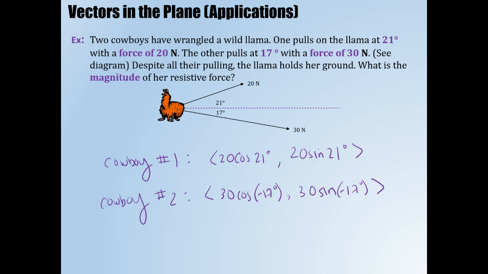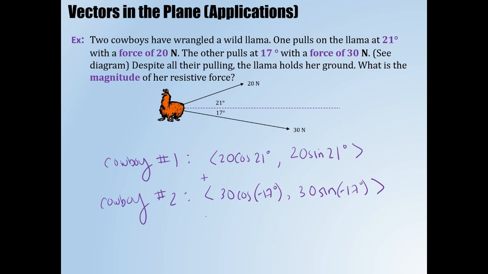And so when I go ahead and do this, I'm going to be combining these two. I'm trying to figure out what is the magnitude of this that she's resisting. So I need to figure out the actual magnitude that she's being pulled. So when I do 20 cosine of 21 plus 30 cosine of negative 17, I get 47.4.